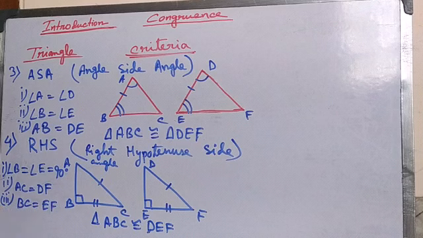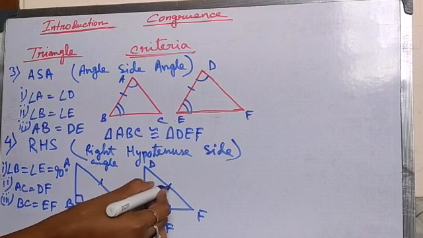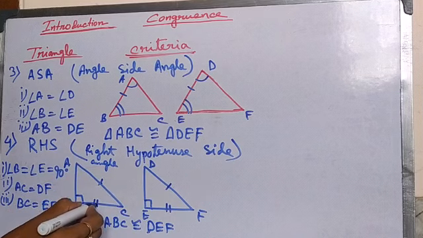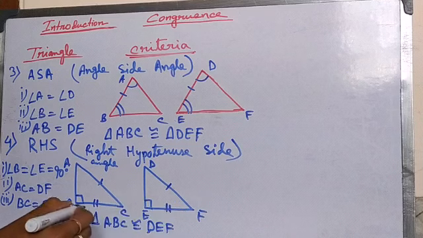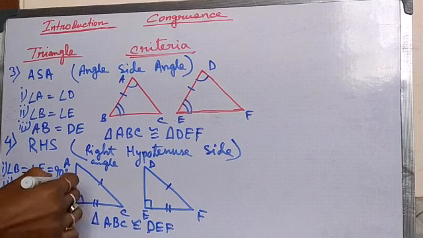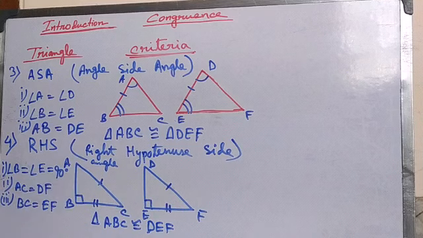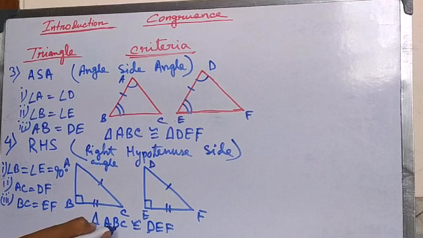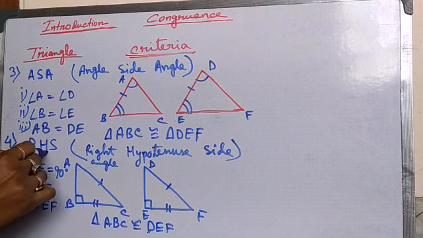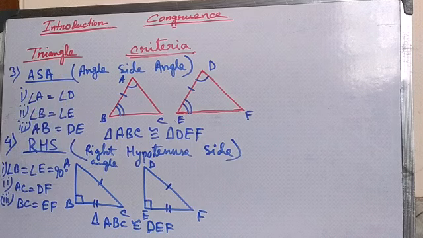Then the 90-degree angle, the hypotenuse will be equal, and any one side, if that is equal, then we can say that both triangles are congruent by the RHS rule.